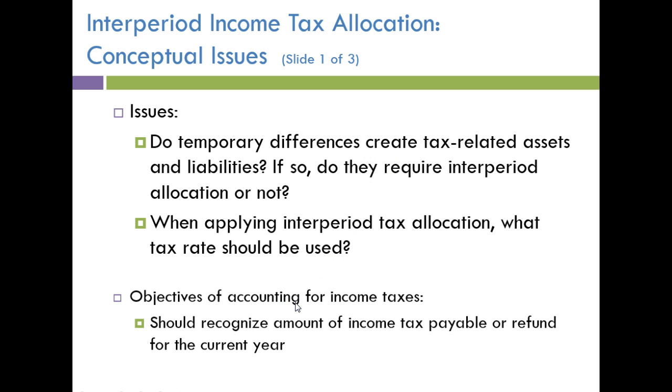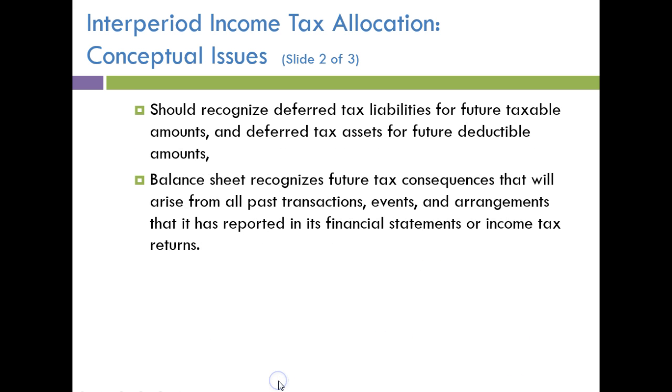Objectives of accounting for income taxes: we need to recognize the amount of income taxes that are payable or a refund for the current period, which we're doing, and then we need to recognize any deferred tax liabilities for future taxable amounts, which is exactly what we did in problem 18.3. And then if we have deferred tax assets for future deductible amounts, which we haven't done a problem like that yet.